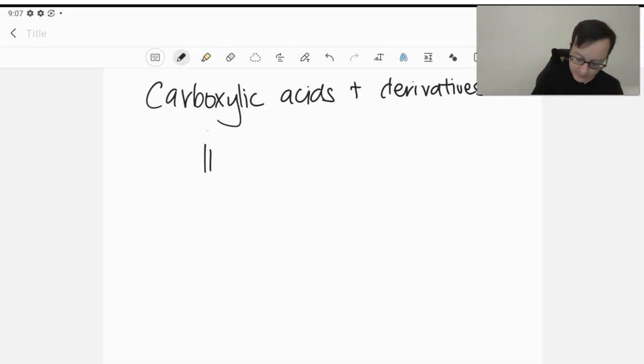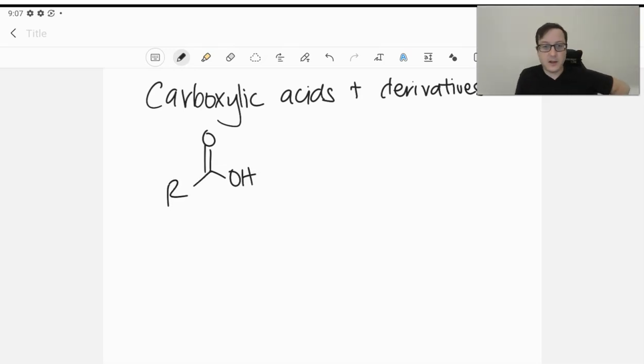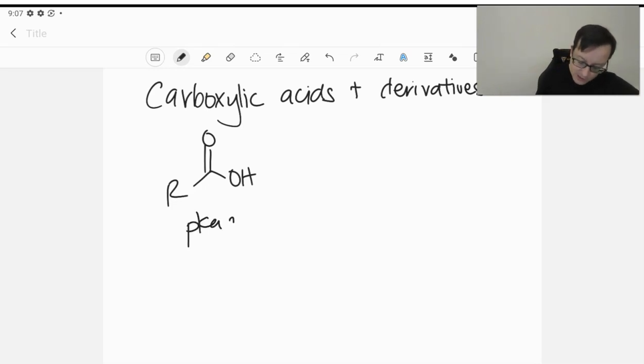As we know, carboxylic acids generally carry the structural formula of having some R group bound to a carbonyl carbon, which also has a hydroxy group on it. And of course, it's called a carboxylic acid because it is fairly acidic, right? The pKa's of these are generally around 5 or so. So they're fairly acidic.